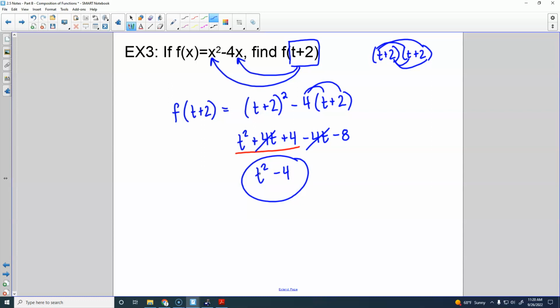Okay? So a problem like this where you're asked to plug in something with a variable, you'll still have a variable in your answer most of the time, unless everything cancels for some reason.